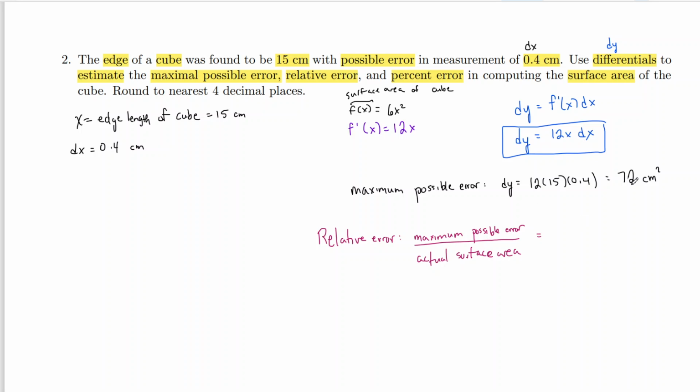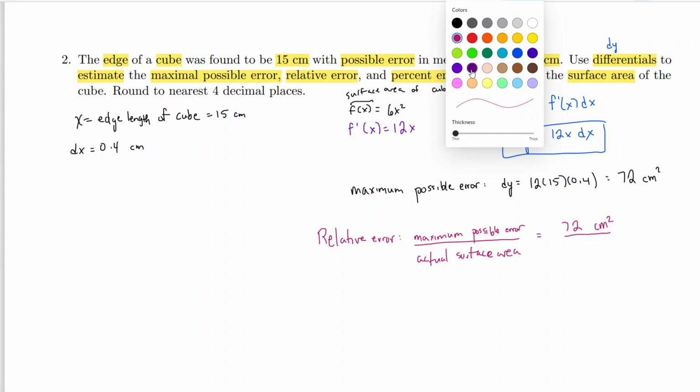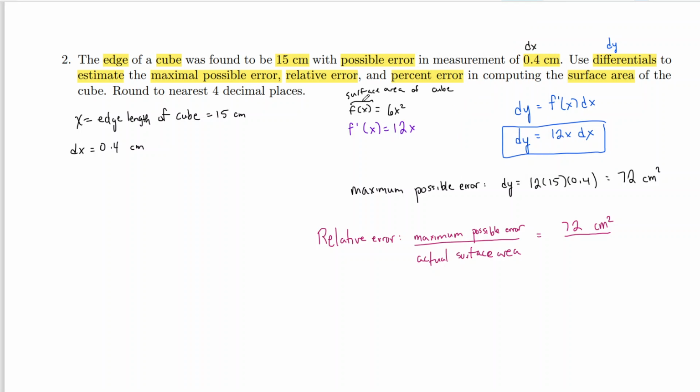So in the above part, we figured out the maximum possible error is 72. If you include the units here, you'll notice that they'll cancel out. Now the actual surface area, well, the surface area formula for a cube was 6x squared, and x is 15. So if we plug that in, the actual surface area, f of 15 equals 6 times 15 squared. It's kind of a big number, so let's go ahead and just plug it in.